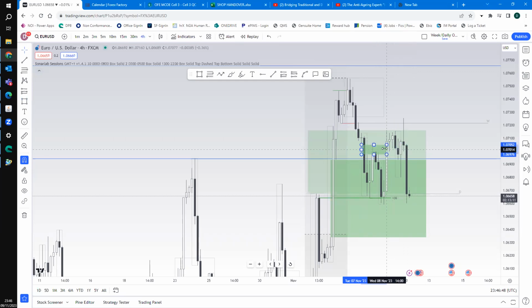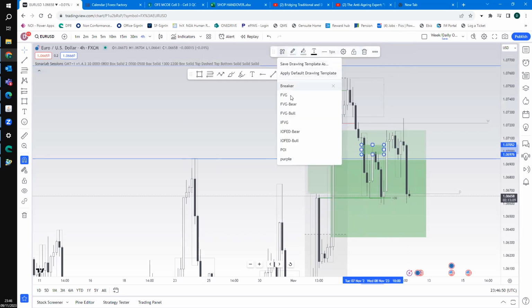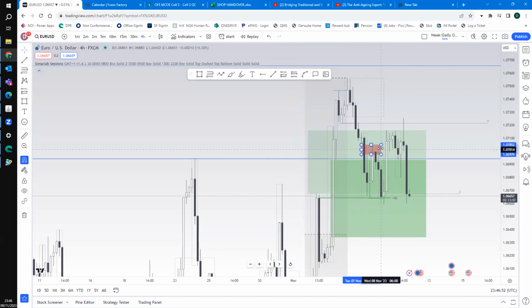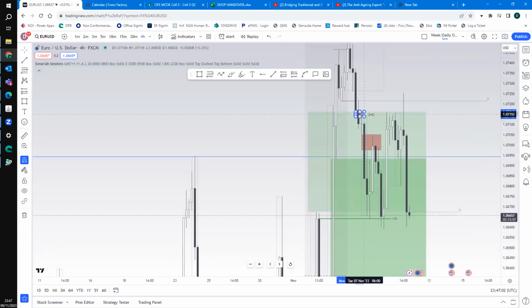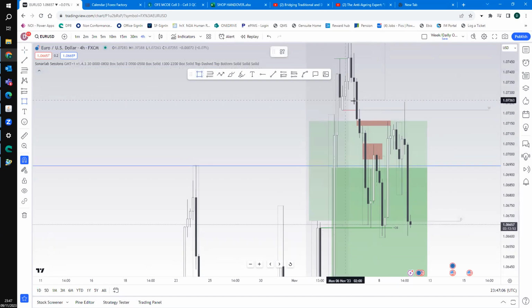This is going to be a bearish fair value gap. Okay, there's another tiny little fair value gap in here, 4-hour. And then finally, there was this 4-hour fair value gap in here.